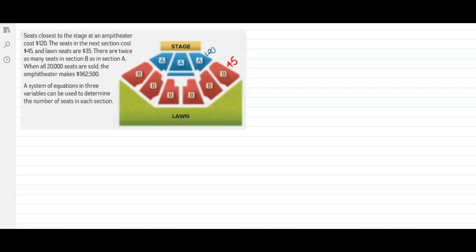And then finally out in the lawn, you pay $35. So much cheaper out in the lawn. So what 3 things are we talking about? We're talking about seats in area A, seats in section B, or lawn seats. So I'm going to define my variables. X, Y, and Z. Now, just like before, you can use A, B, and L for lawn if you prefer.